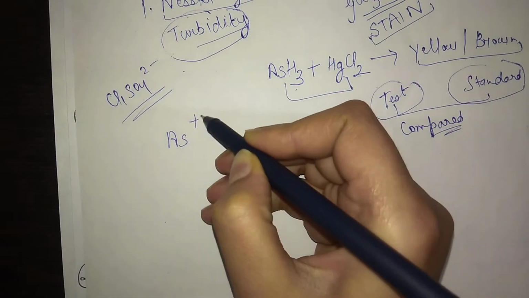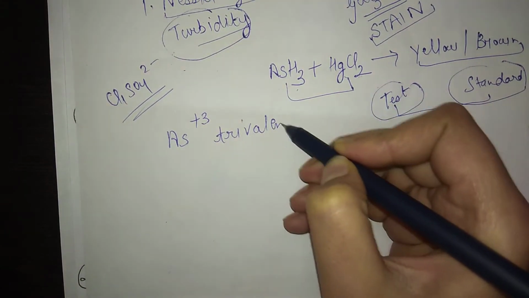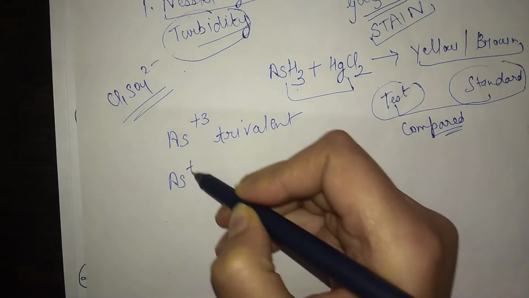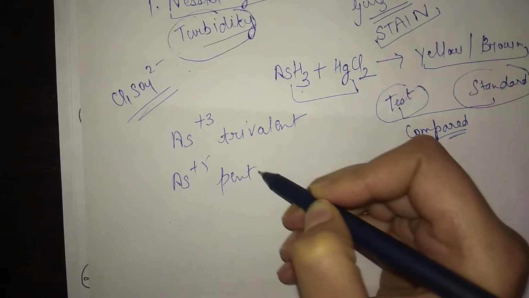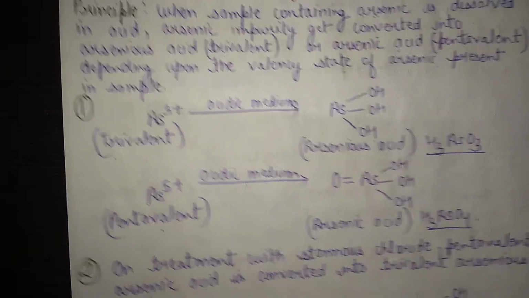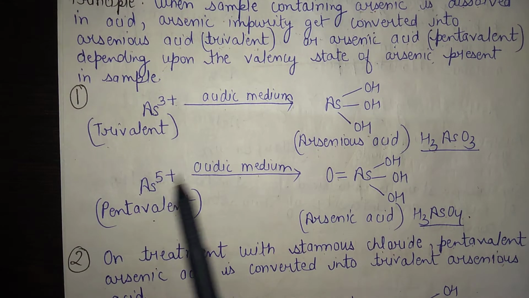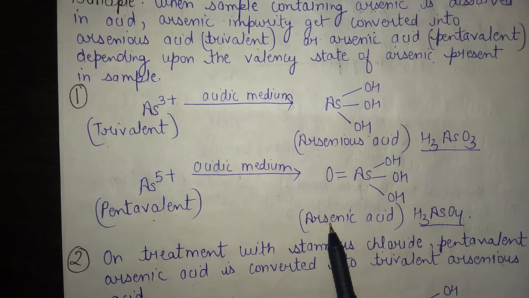It might be in the +3 form, which is called trivalent, or in the +5 form, which is pentavalent. Penta refers to 5. The +3 form of arsenic in acidic medium will be converted into arsenious acid, and the +5 form of arsenic in acidic medium will be converted into arsenic acid.